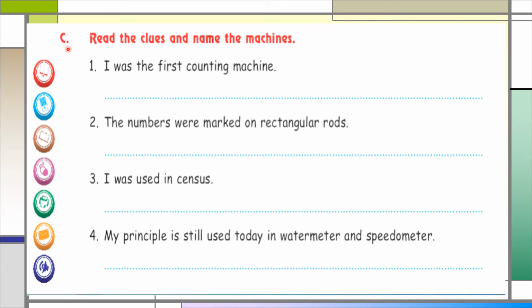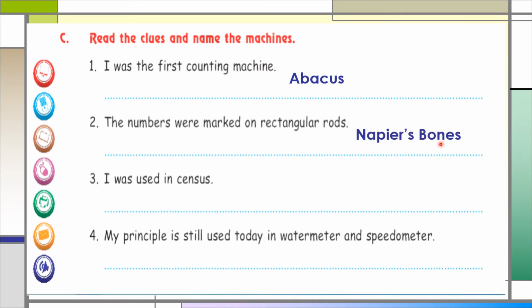Exercise C. Read the clues and name the machines. Number 1. I was the first counting machine. Abacus. So abacus was the first counting machine. Number 2. The numbers were marked on rectangular rods.